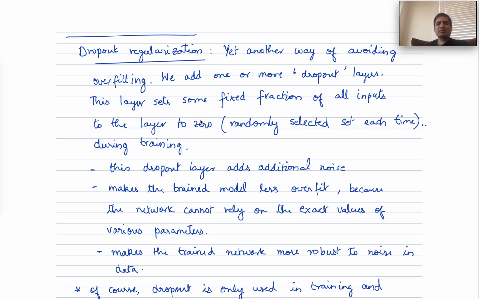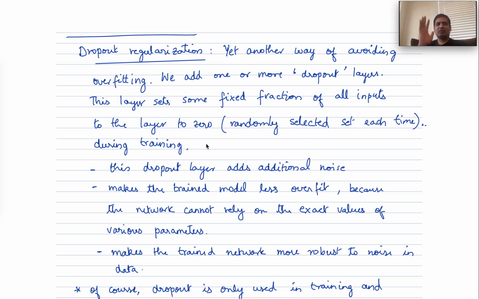Okay, what does this mean? So you have the usual layers, and then you add another layer, a few perhaps, maybe after every layer, but maybe a few in particular, dropout layers. What these dropout layers do is they set some fixed fraction of all inputs to the layer to zero, randomly selected set each time during training.